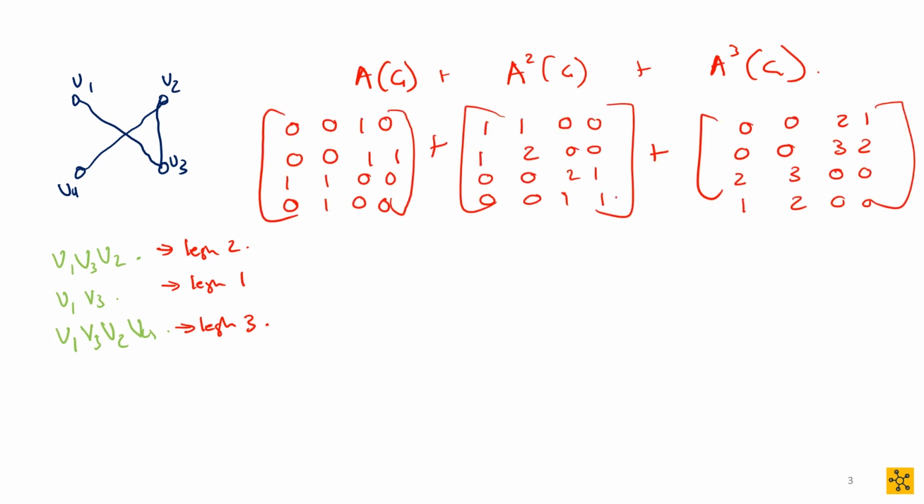Okay, so I just filled in all the matrices. So this one basically is telling you all the walks of length 1, all the walks of length 2, and walks of length 3.